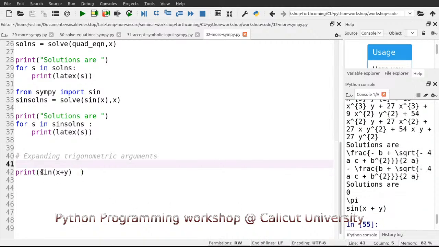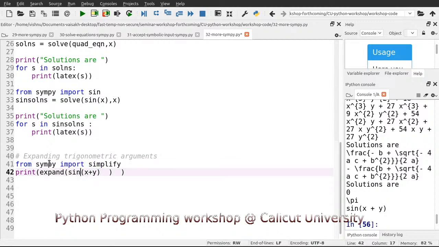Sin x plus y just gives us sin x plus y. If we expand it, no. So simplifying, trying to simplify.